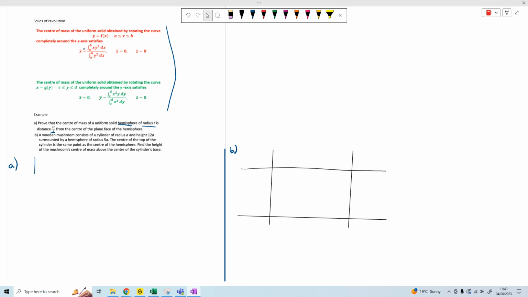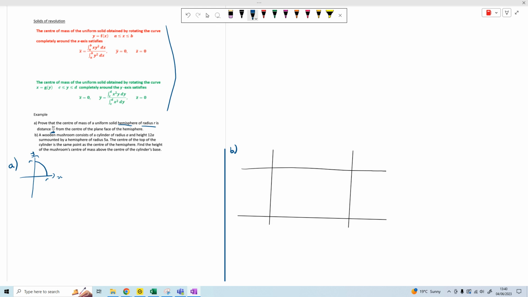If I draw my set of axes, with a quarter circle of radius r, then if I rotate that across the y-axis or vertically across the x-axis, that'll make me a hemisphere if I rotate it one full turn, a full 2 pi all the way around.